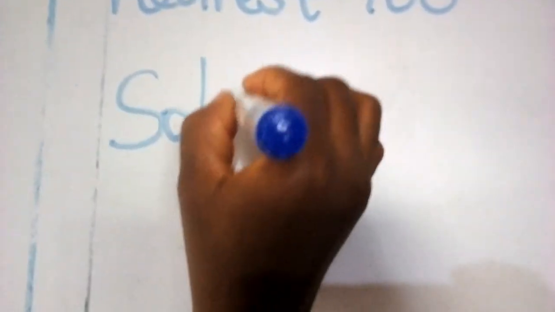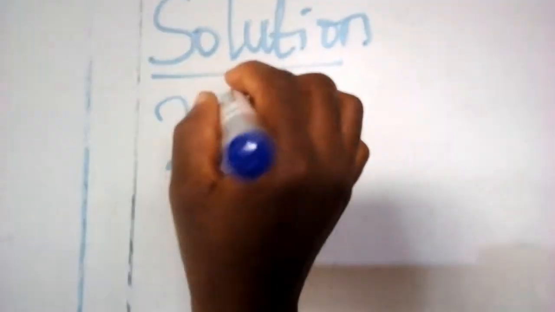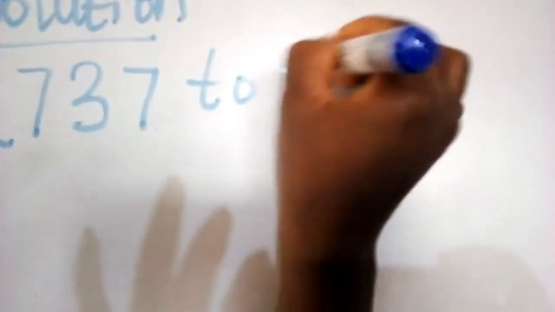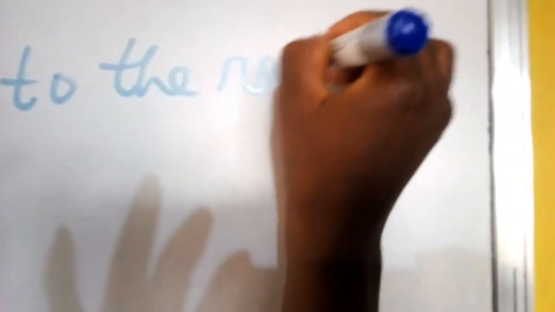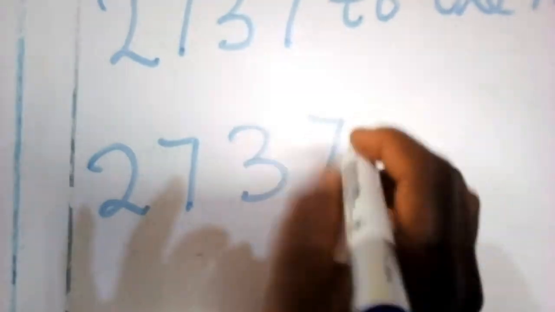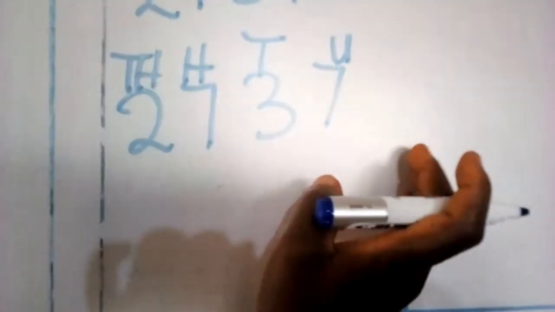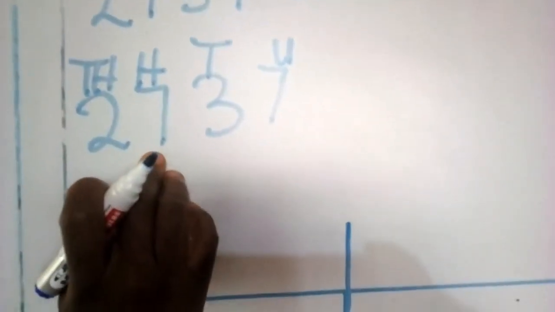Solution: 2,737 to the nearest 100. Okay, place our values so that we know the ones we are concentrating on. We have units, tens, hundred, thousand. So we are concentrating on these two, the middle numbers, tens and hundred.